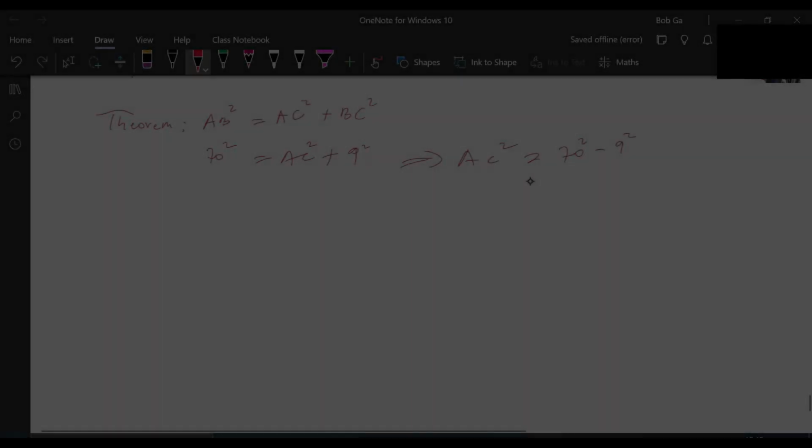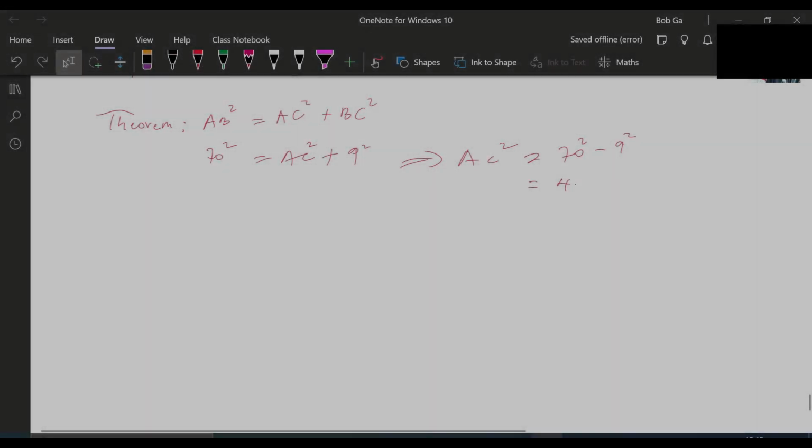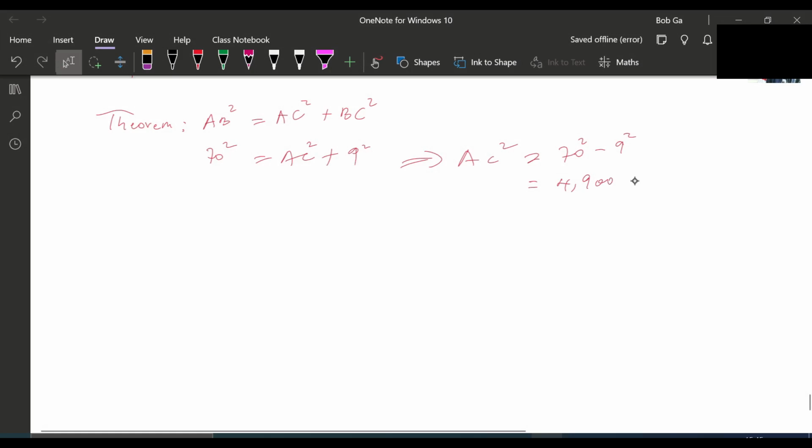So this is going to give us 4,900 minus 81, because 9 squared is 81. This is our AC squared. So we'll take away 81. We're left with 4,819.